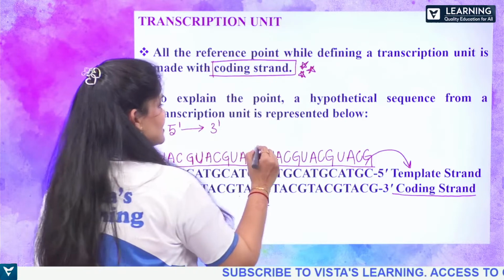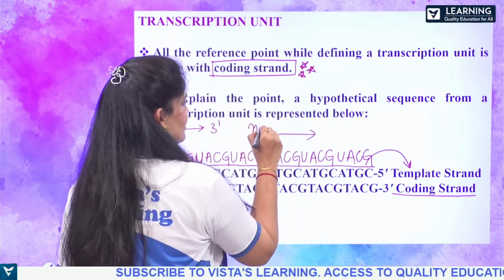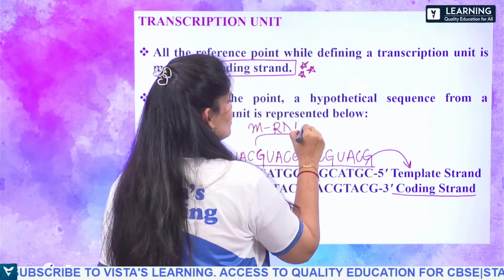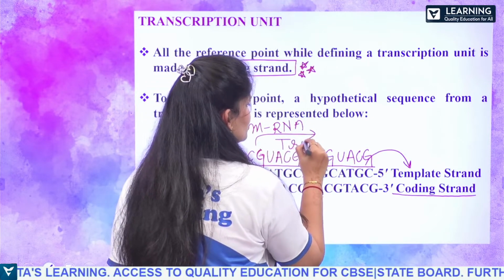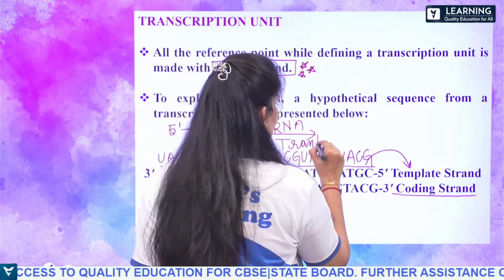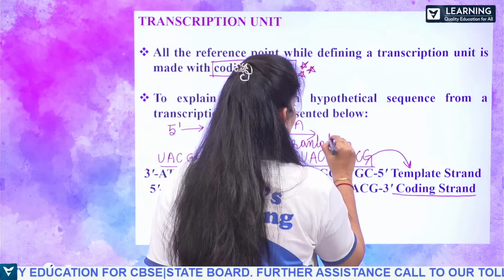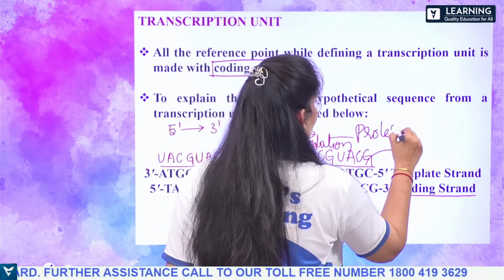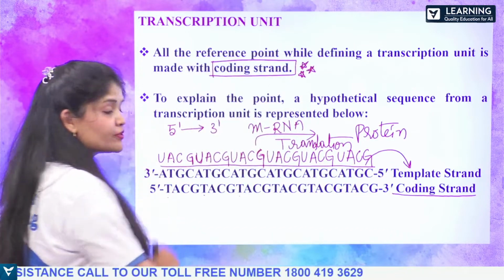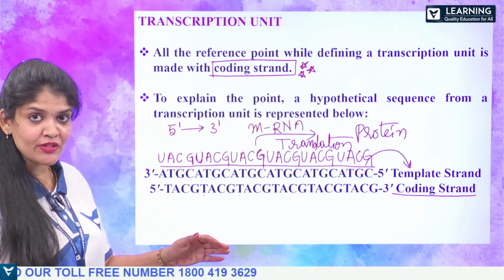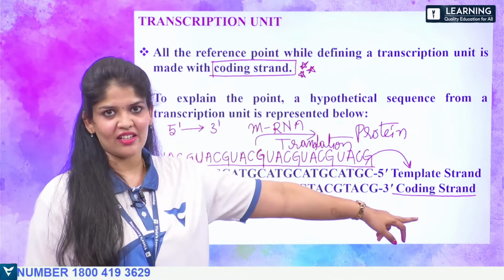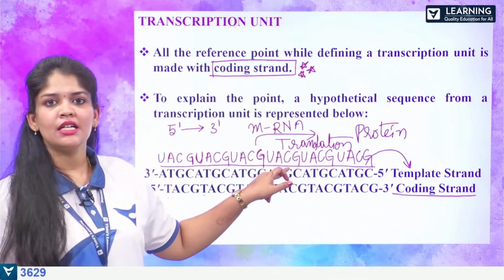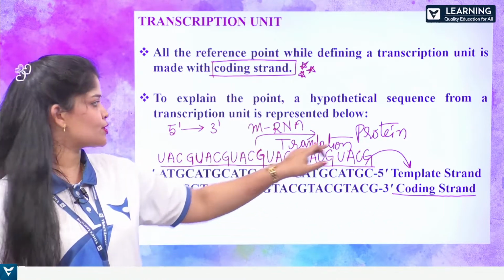Now, this is the mRNA, which is further going to undergo translation to protein. But it is not this strand that is going to convert into protein. Instead, the sequence present on the coding strand, which is very similar to the formed mRNA, is going to produce protein.